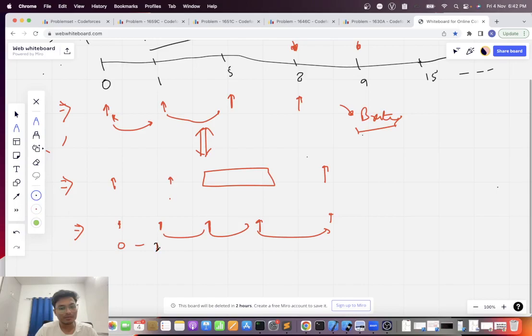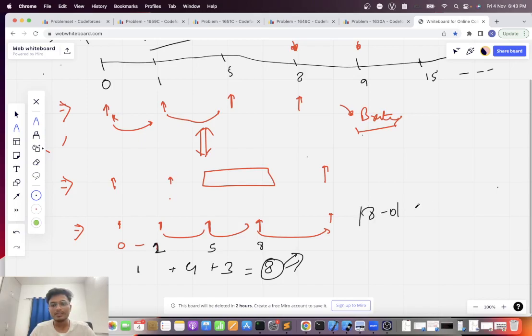I'm taking these values: this is 1, then the next kingdom at 5, then 8. Okay, so total value will be 0 minus 1, 1; 5 minus 1 is 4, and this is 3; total will be 8, and 8 minus 0 is equal to... let me be general, not this specific.